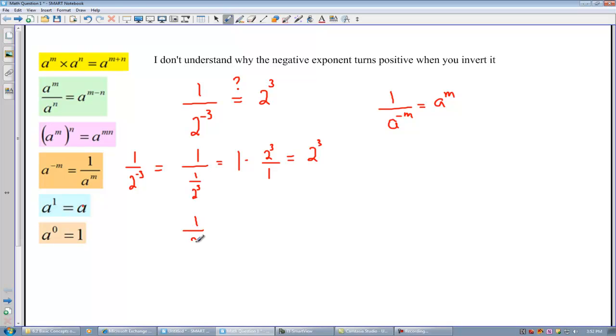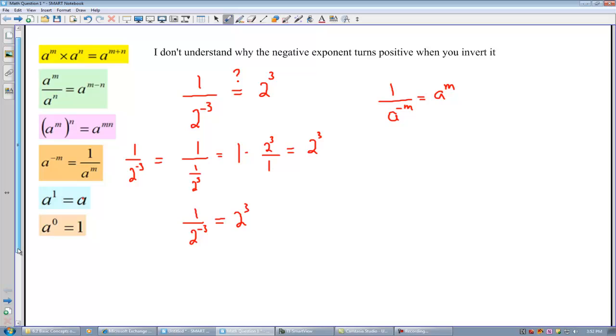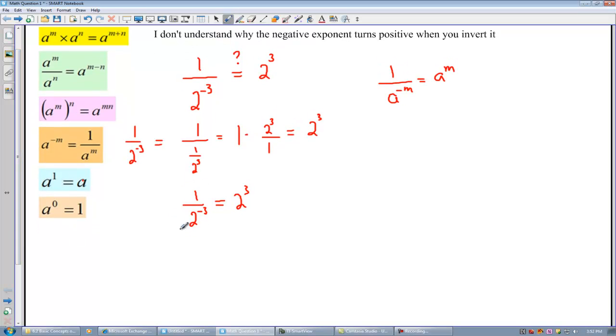Another explanation that you can give is, again, you want to show why is 1 divided by 2 to the negative 3 equal to 2 cubed? All right, so another way of doing this is to rewrite this thing. What's this thing equal to? Well, I can rewrite this as 2 to the minus 3, to the minus 1.